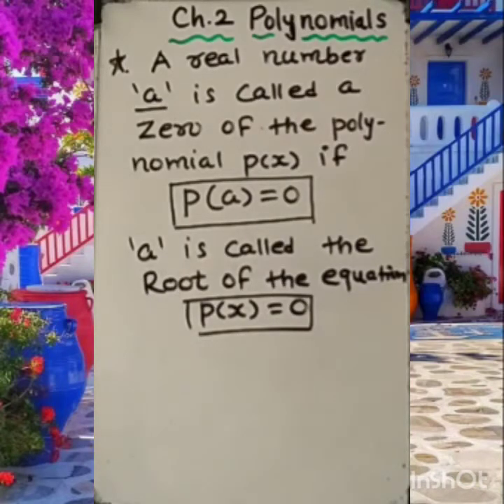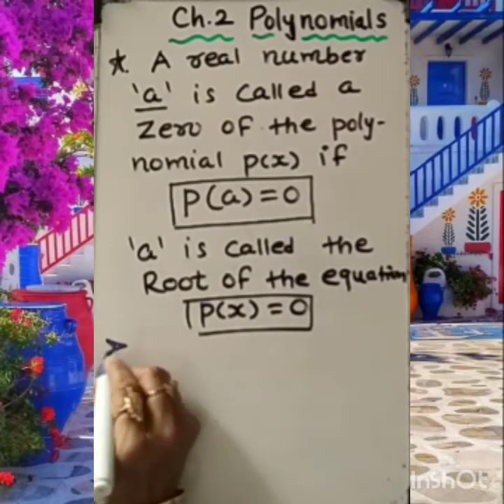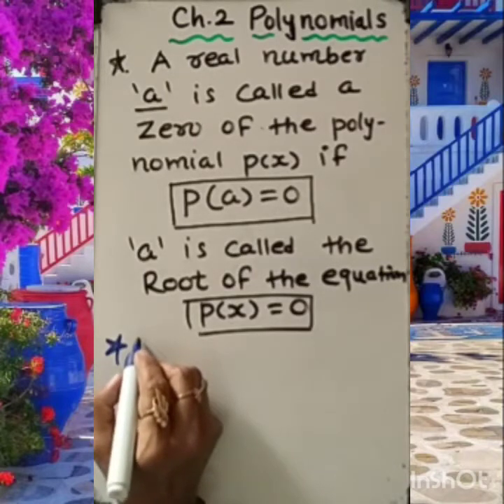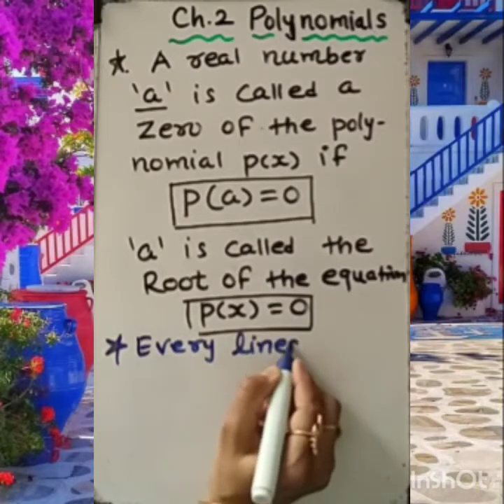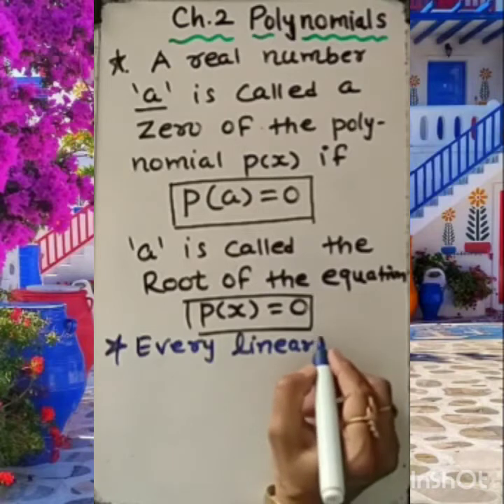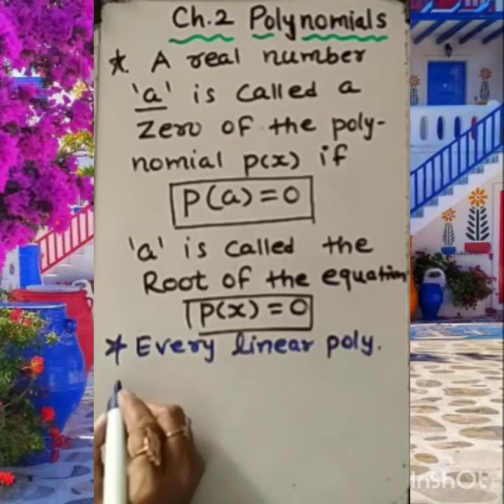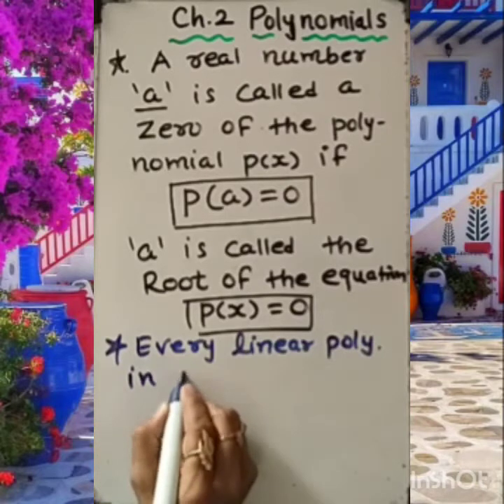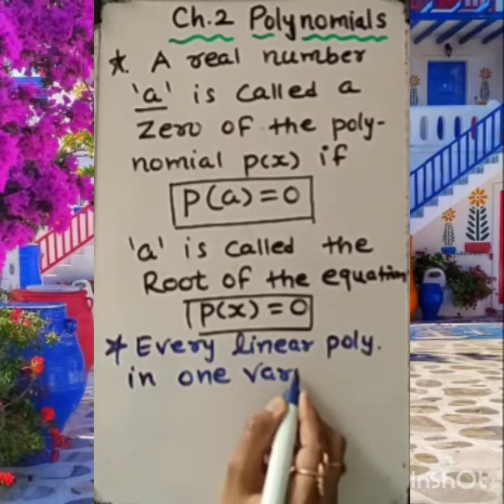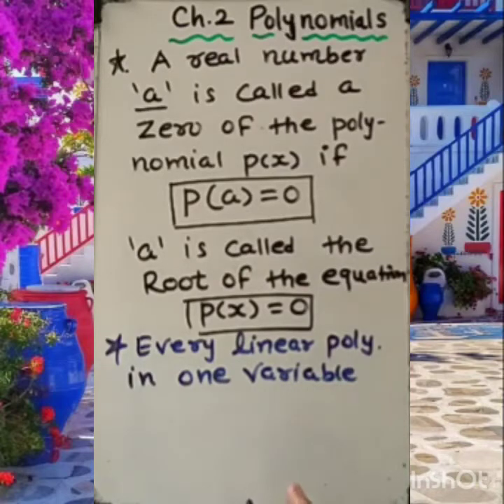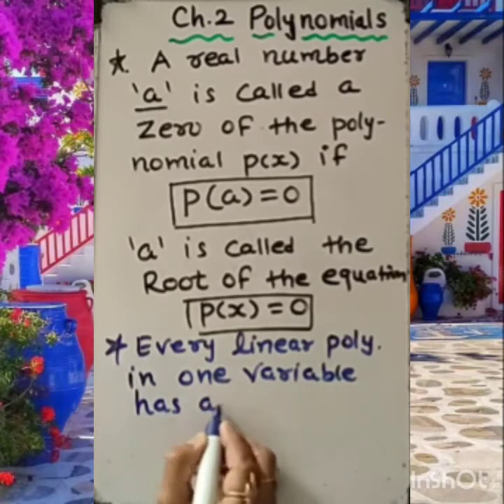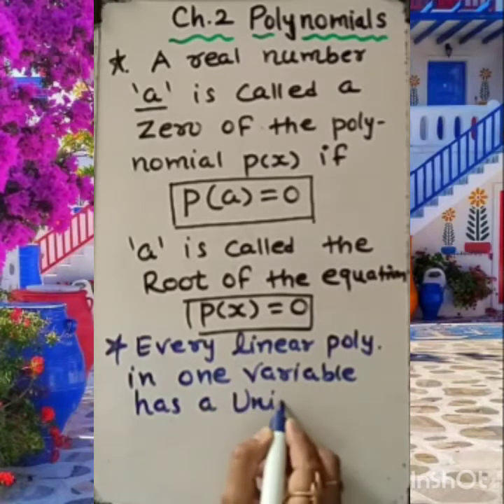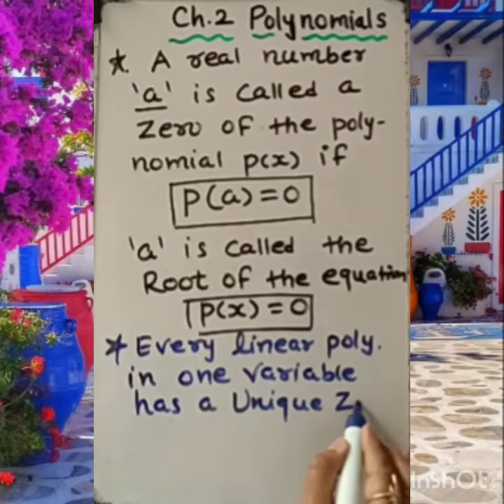One more thing along with that, please note down: every linear polynomial, meaning with degree 1, in one variable, that is only x, y or z, has a unique zero. Any linear equation has a unique zero.